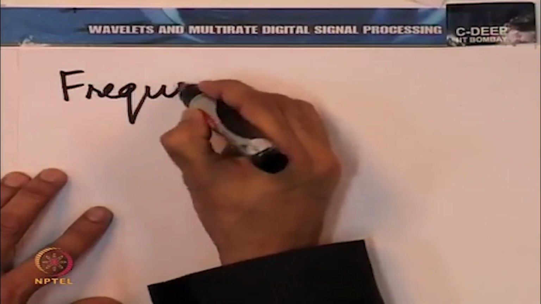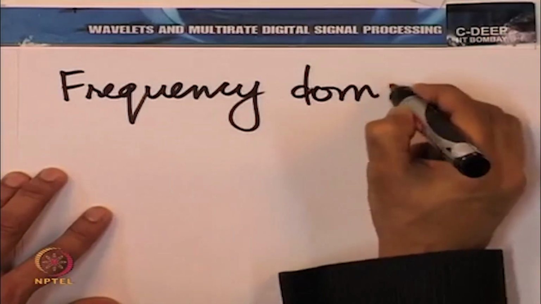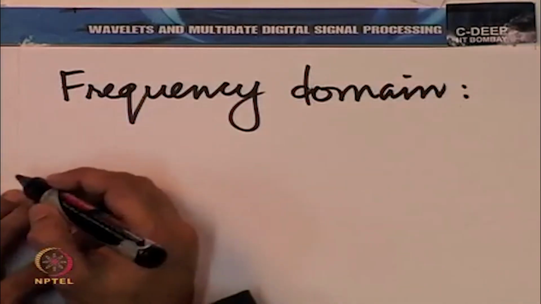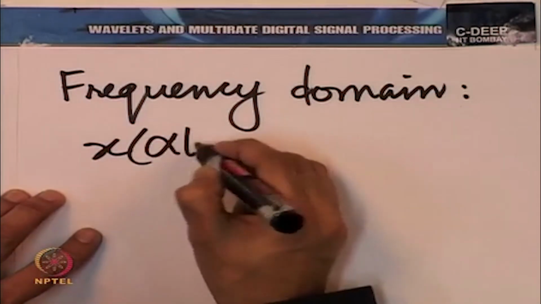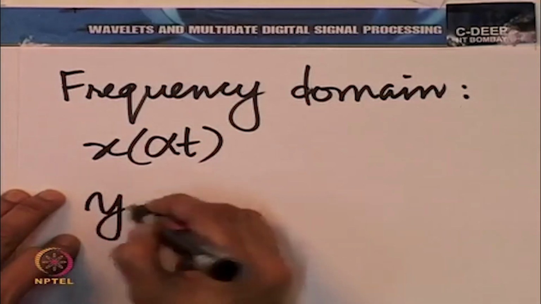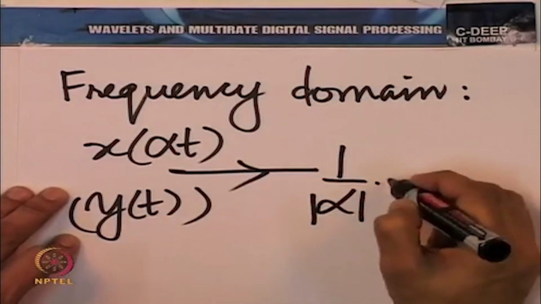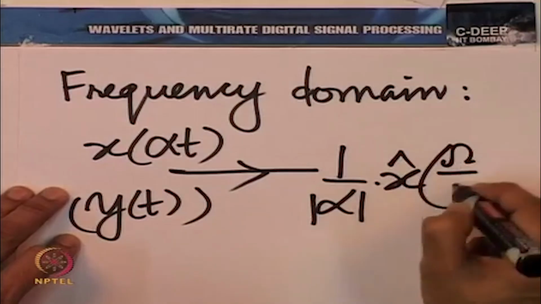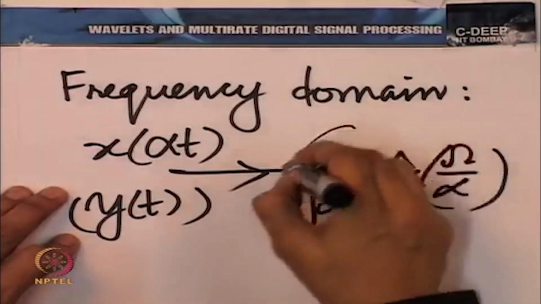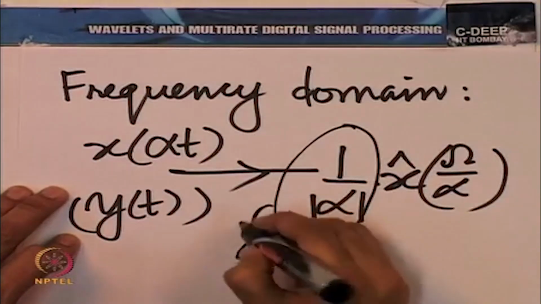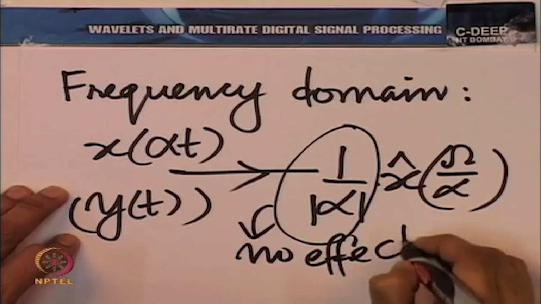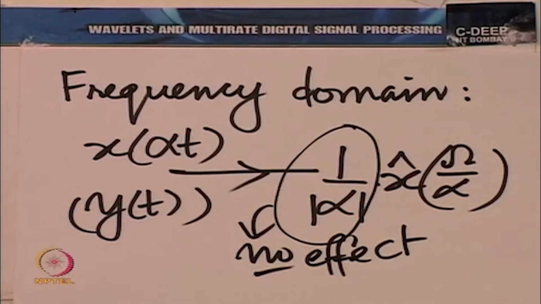So, we have in the frequency domain, x of alpha t, which is essentially y t, corresponds to 1 by mod alpha times x of capital omega by alpha, and this has no effect on the variances or the center, as we saw a minute ago.